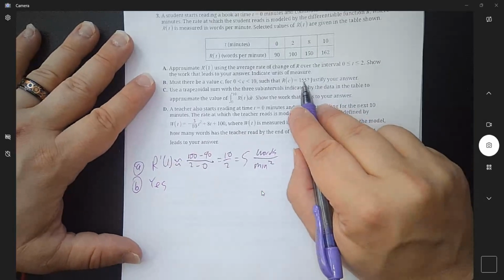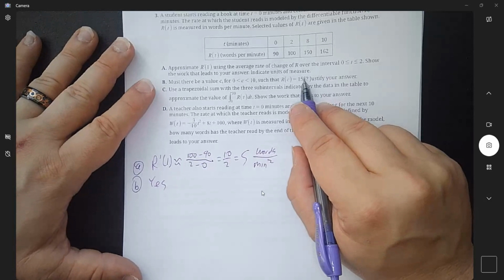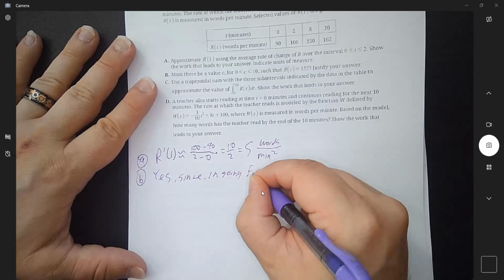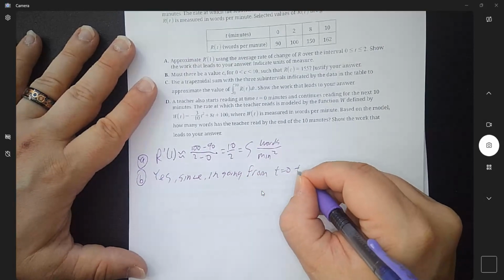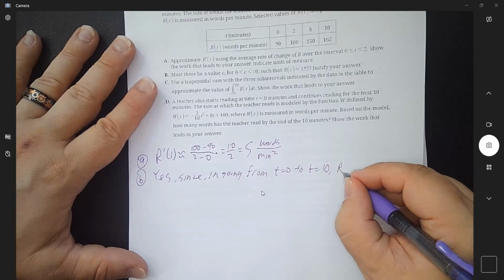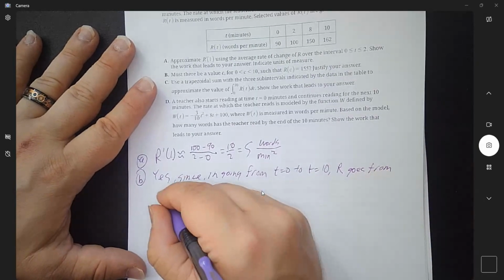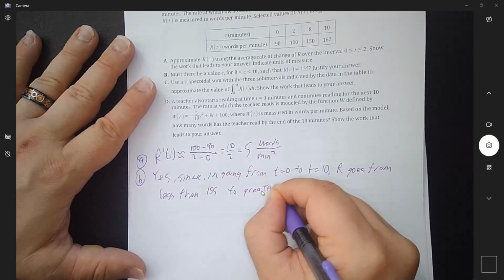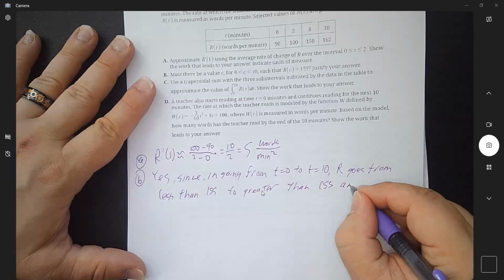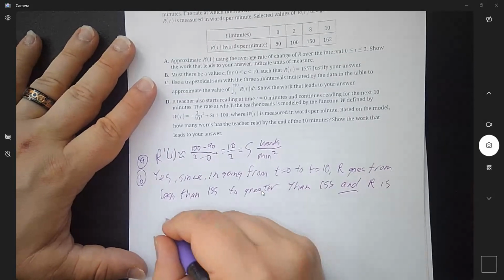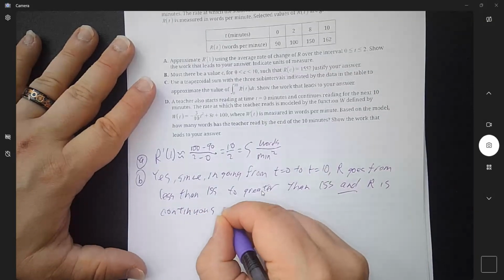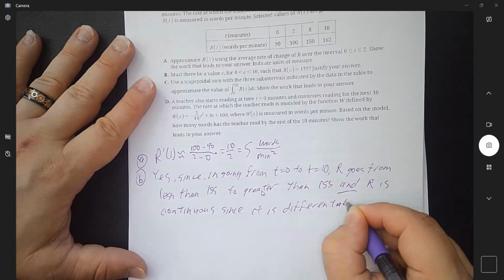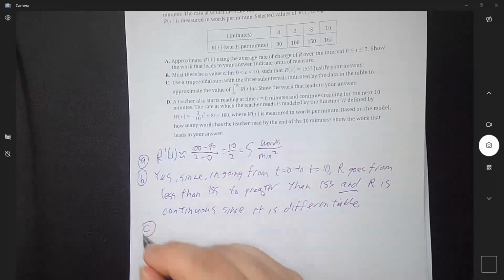There must be a moment when r of c is equal to 155, since in going from t equals 0 to t equals 10, r goes from less than 155 to greater than 155, and r is continuous since it is differentiable. If you are differentiable, you're automatically continuous.